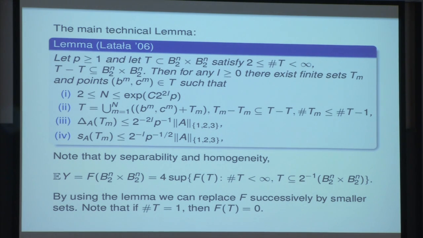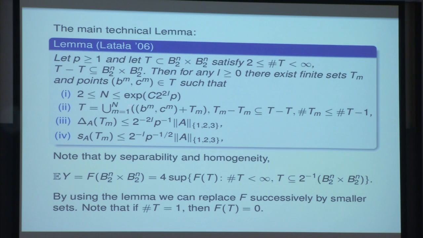So this is the basic lemma by Rafał Latała. And it tells you something. There are some technical assumptions, which I will not discuss in detail. It's just to be able to use the induction. You need t minus t, not just t, to be contained in this Cartesian product by t minus t as well, but it's just technical.